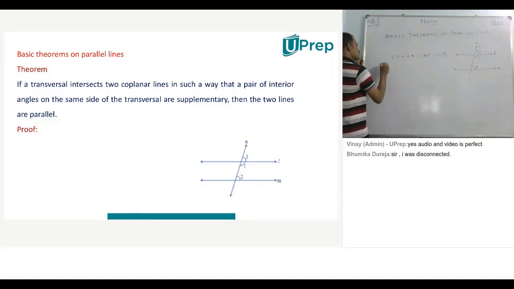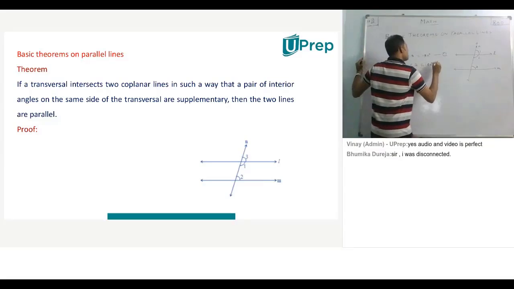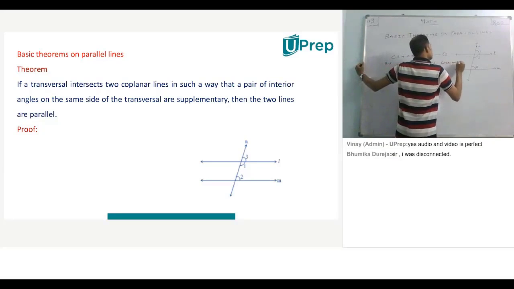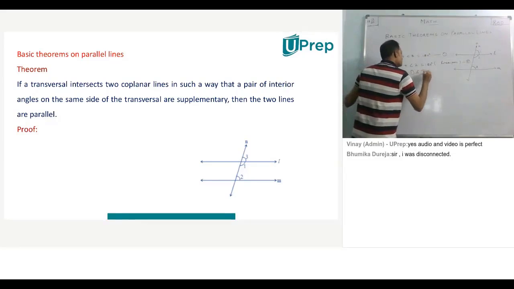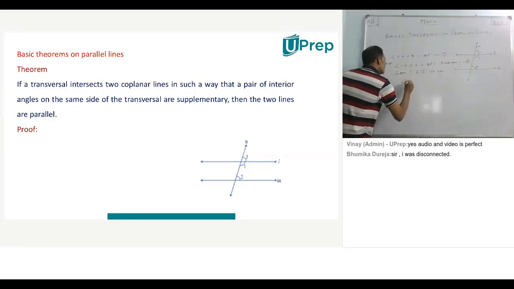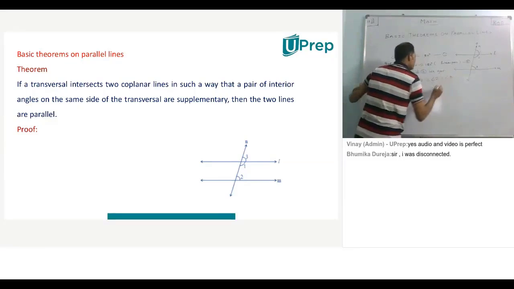Next line. But angle 1 plus angle 2 is equal to 180 degrees, in brackets, linear pair. Mark it as equation 2. From 1 and 2 we get angle 1 plus angle 2 is equal to angle 2 plus angle 3.